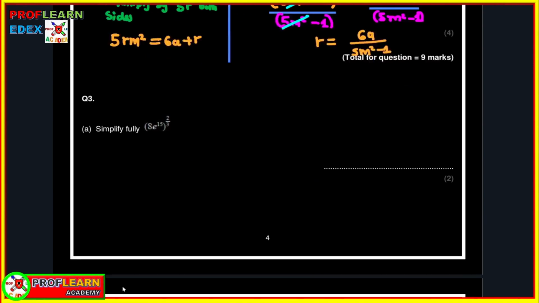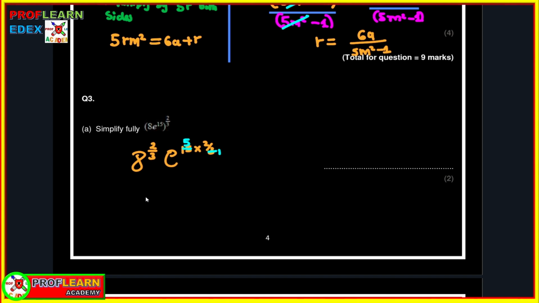Still on indices, if you are given fractional indices like this, you need to remember that every term inside the bracket is going to be raised to the power that's outside. Don't forget that. And that's going to be 8 raised to power 2 over 3 times e raised to power 15 times this. So this and this will cancel, and we're going to have e raised to power 10.